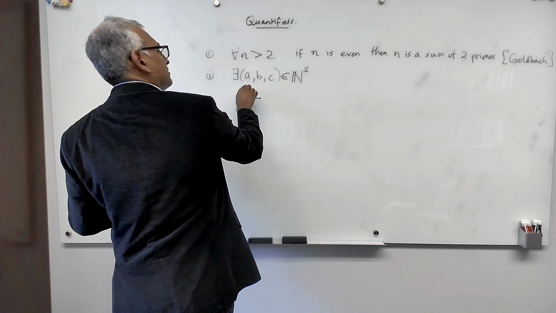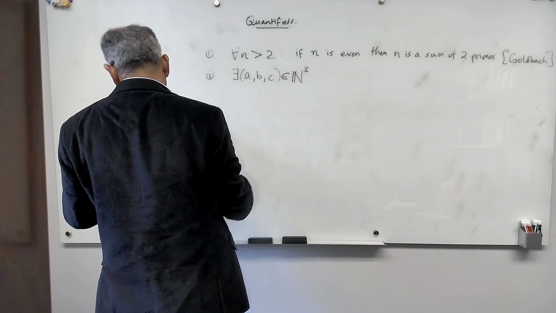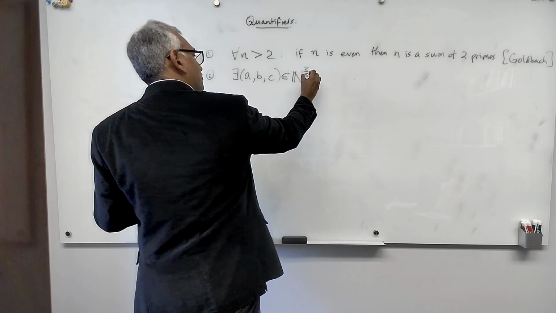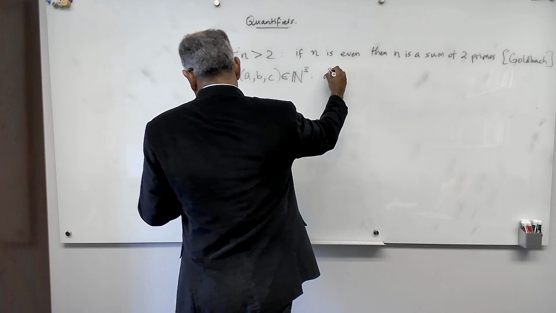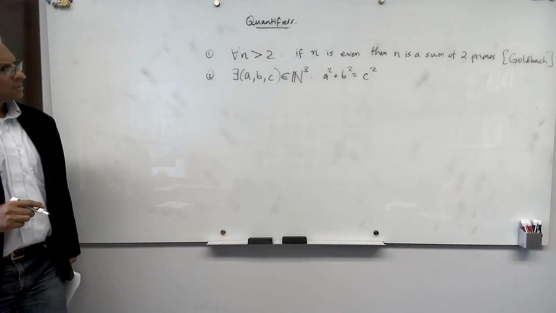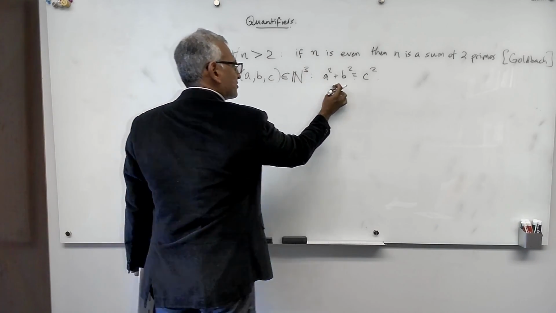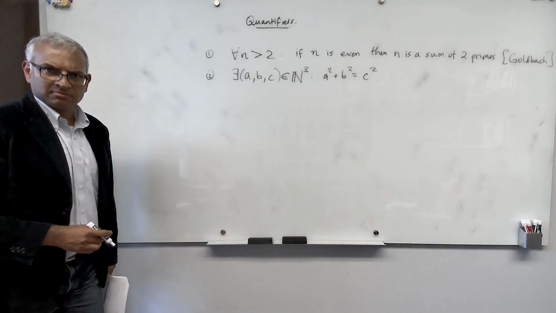So it's n, this is an n, this is an n, this is an n. Okay, for which a squared plus b squared equals c squared. Think about what it takes to prove that to you. You might recognize that this is related to something that the great Pythagoras proved.